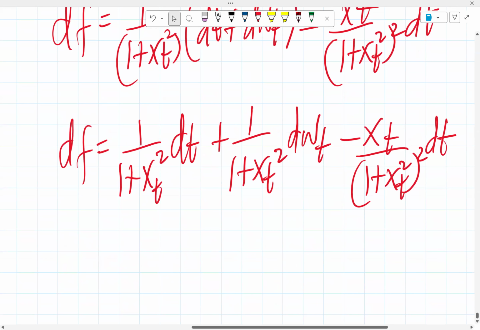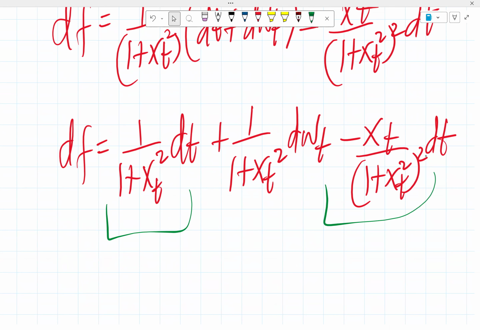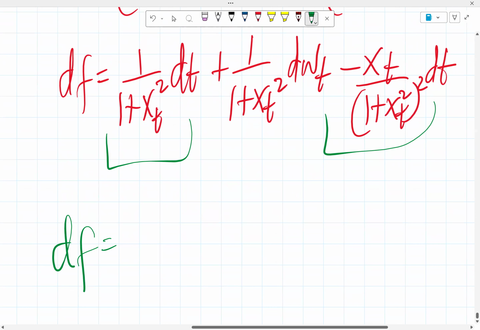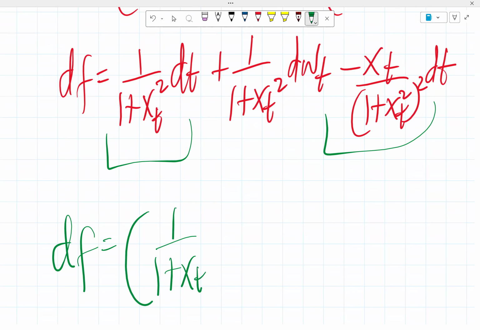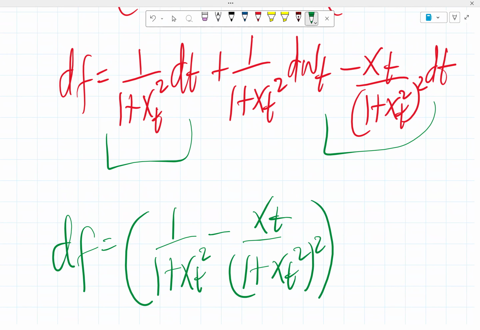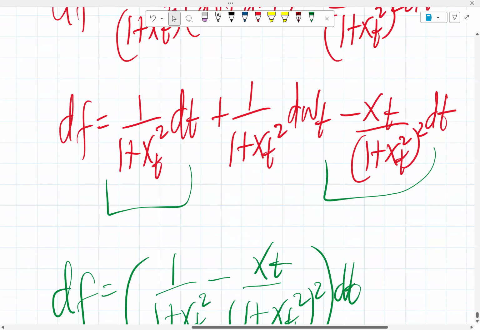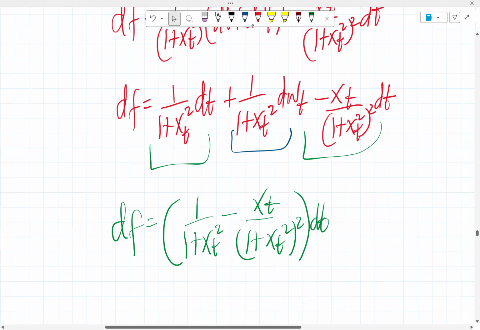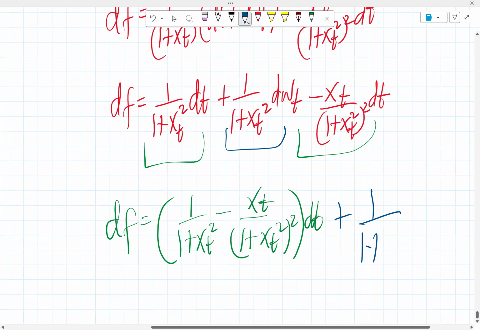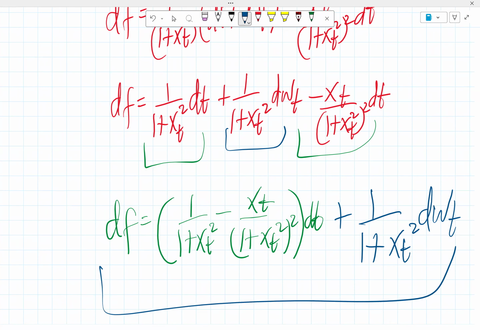So, of course, this and this have dt in common, so we can put them together. So df now is 1 over 1 plus x sub t squared, minus x sub t over 1 plus x sub t squared all squared, all of that into dt, then plus this one that is on its own now, plus 1 over 1 plus x sub t squared dwt. And that's all we have right there.